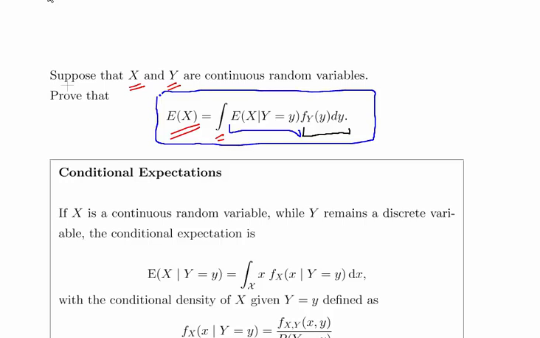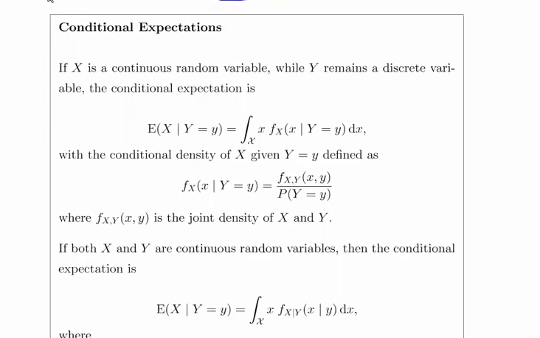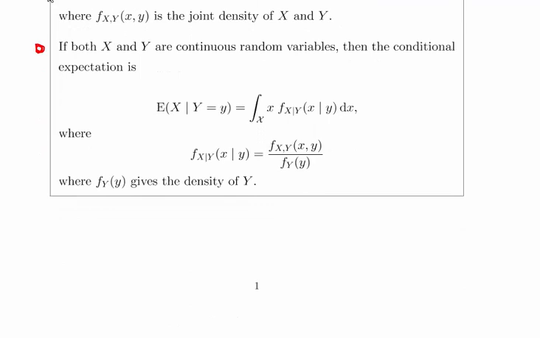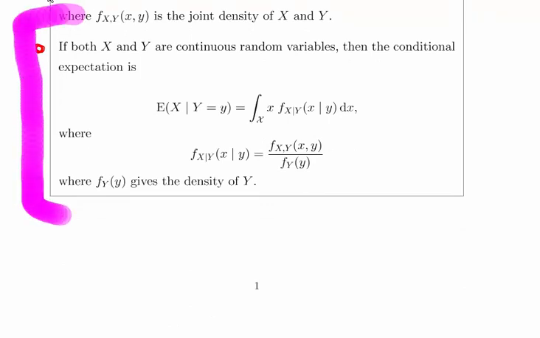Okay, so let's start off with the conditional expectation. Now there are two cases here, okay? There's a case where x is continuous and y remains discrete. We're not interested in that. There's a second case down here where both are continuous, and in this instance that is what we need to work with, this one here.